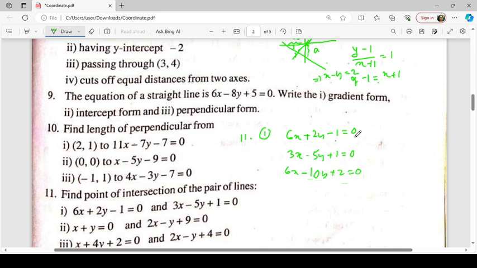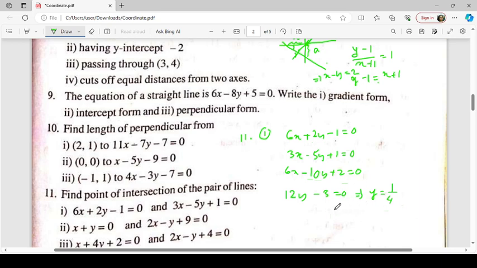Then this minus this gives us 6x minus 6x is 0, then 2y minus 10y is 12y, minus 3 equal to 0, which implies y is equal to 1 by 4.